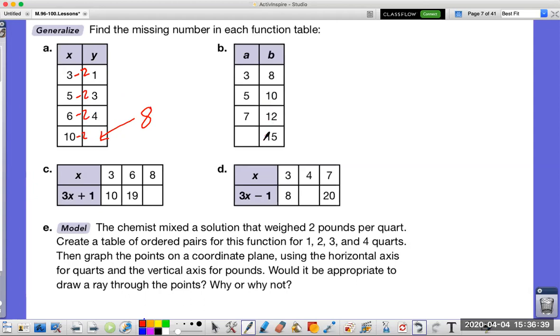What about letter B? If you have A equals 3 and B is 8, if A is 5 and B is 10, if A is 7 and B is 12, what would be this missing value?